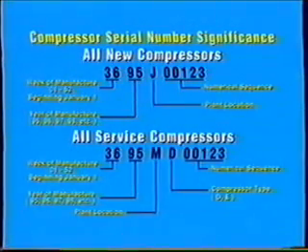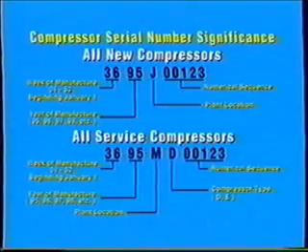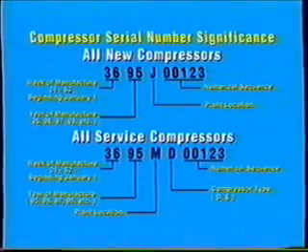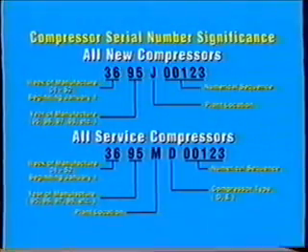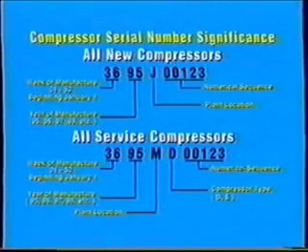The 3rd character was also used to identify service compressors by replacing the 3rd digit with an X, A, or P. Regardless of the system found on a compressor nameplate, each character in the serial number represents information that parts departments must have to be able to supply you with the proper replacement parts.